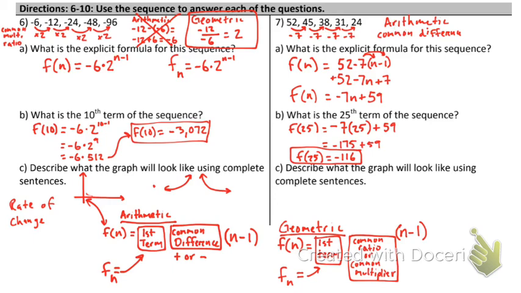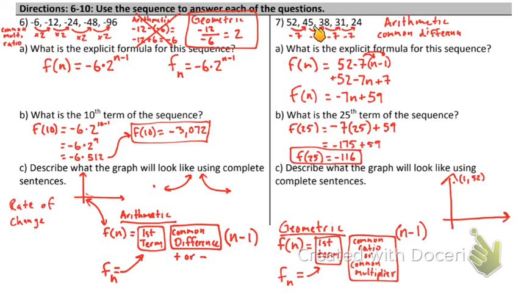All right, so now we want to describe the graph. So I'm just going to sketch it and I'll let you guys decide how to describe it. So think of this as, because arithmetic is going to be a straight line, okay? So my first term is 52. So it's 1 and think 52. We're way up here. So think of it this way. This is like 1 comma 52.